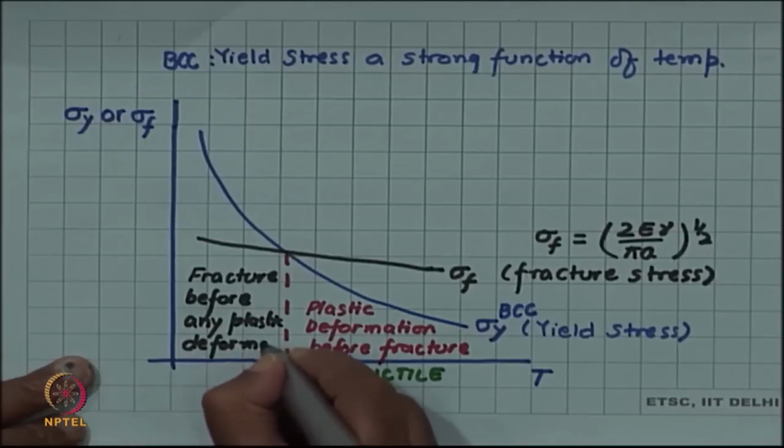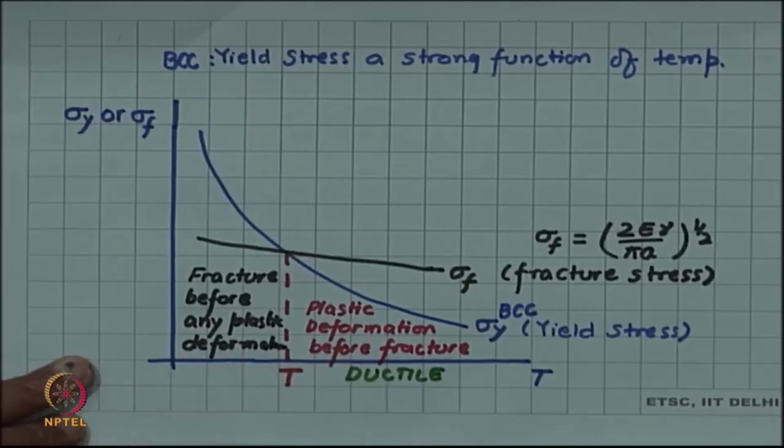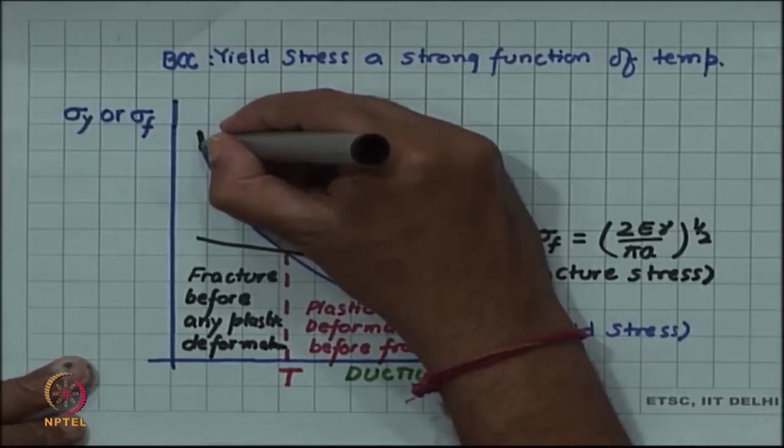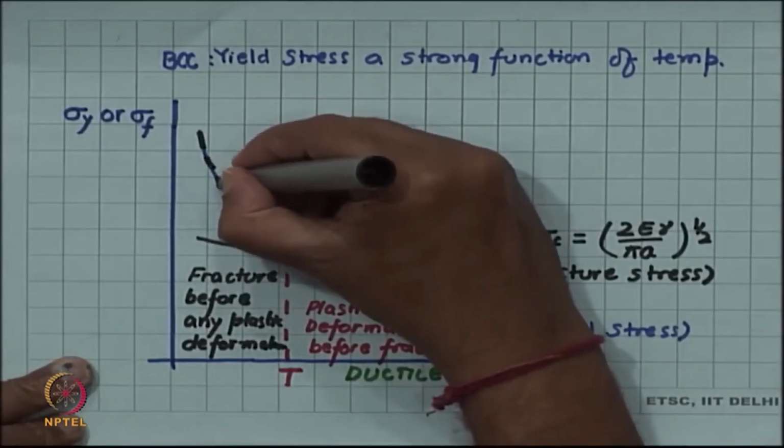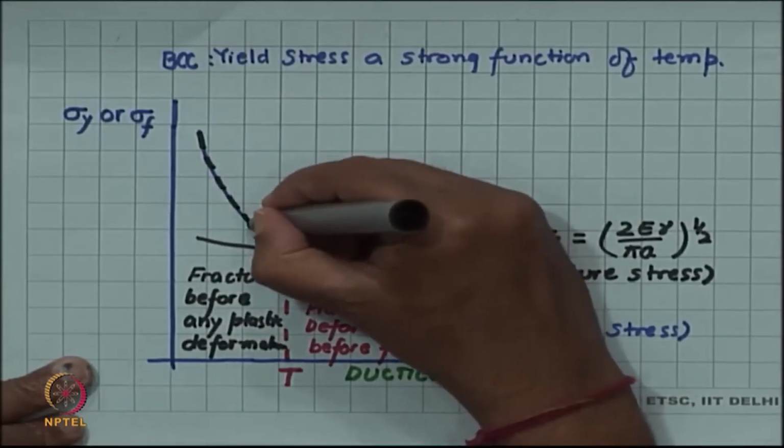Of course, if fracture is happening before plastic deformation, this part of the curve is not accessible experimentally.